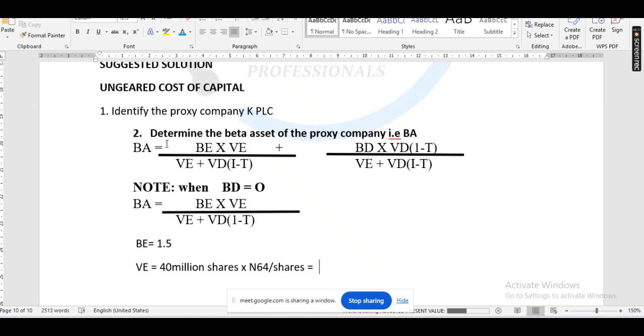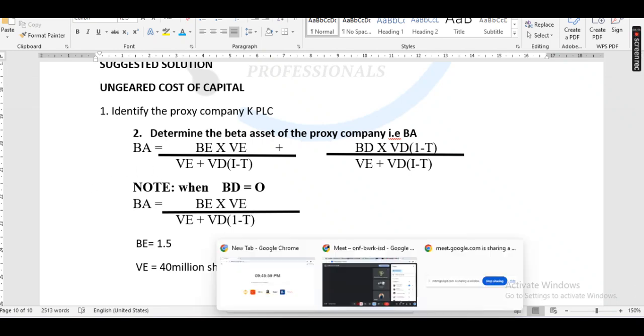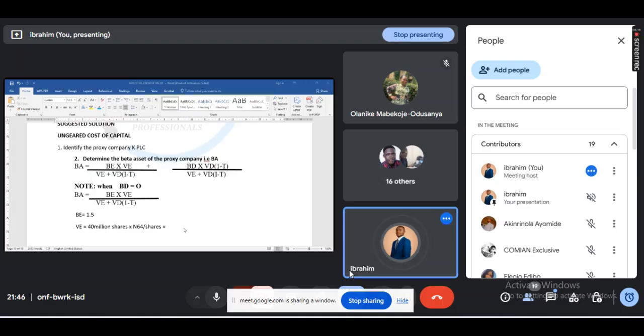You can see that ICAN in this question did not bring it in form of gearing. They didn't say debt to asset ratio. You can see that they changed format, so you can see different scenarios. It is not a must that they will tell you that debt to equity is 50%. No, it may come in this form, so prepare for it. This is the market value of equity.